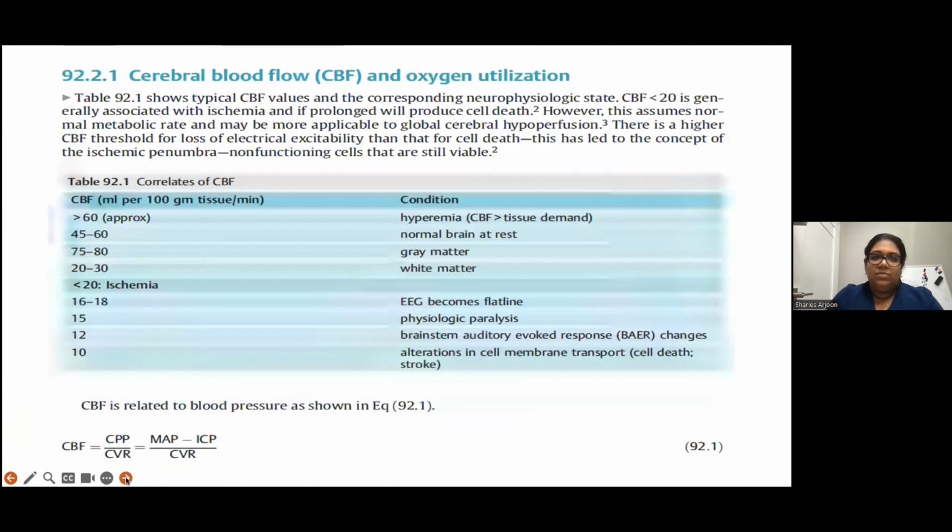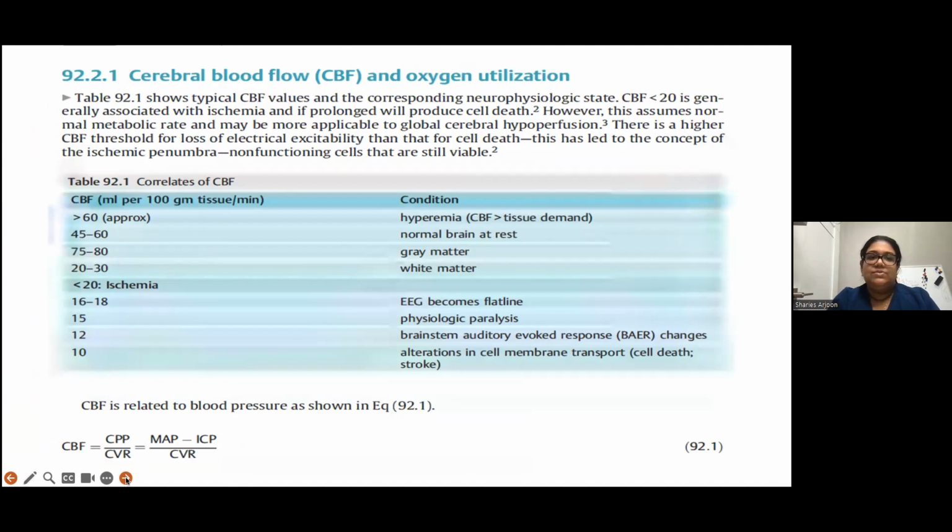So, cerebral blood flow and oxygen utilization. The table shows typical cerebral blood flow values and the corresponding neurophysiological states. Cerebral blood flow that is less than 20 is generally associated with ischemia, and if prolonged, will produce cell death.